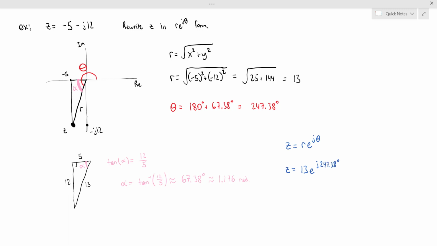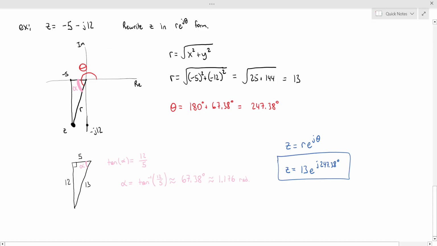247.38 degrees. So real quick, as an alternative, we also could have used this angle here, but remember that if you're measuring clockwise from the positive x-axis, you have to consider that angle to be negative when working with polar coordinates.